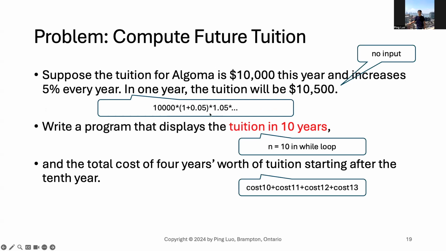Just increase it by 5% each time and multiply by the original base tuition. Because we want the tuition in 10 years, we need to repeat this 10 times. Finally, because we already know the tuition at that time, we can compute the 4 years' tuition based on the results.